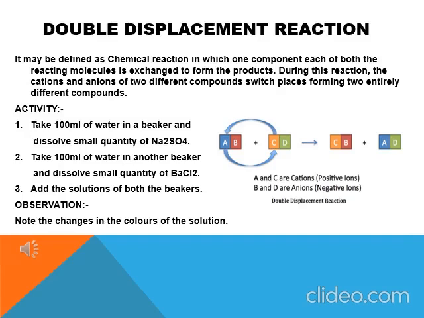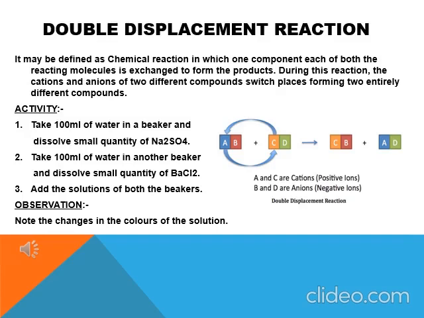to form the products. Meaning, in the previous reaction only one element displaces another element from its solution. Now in this reaction, one element of the first compound and another element of the second compound both displace their positions.